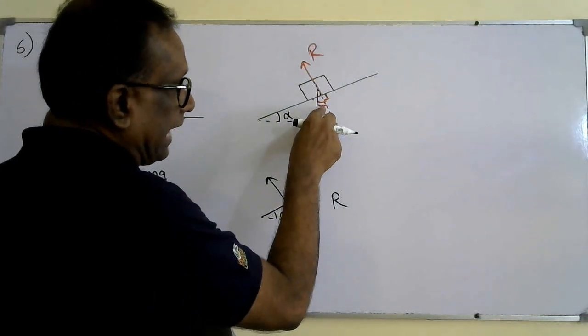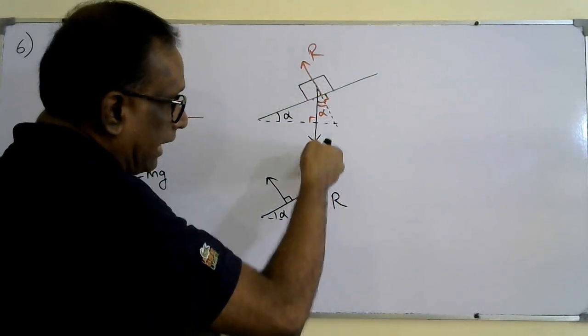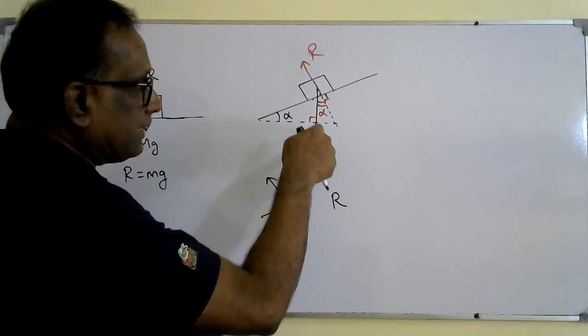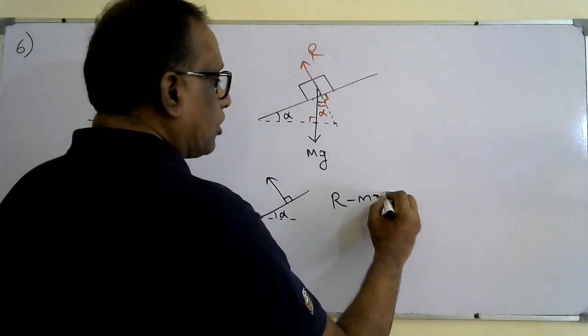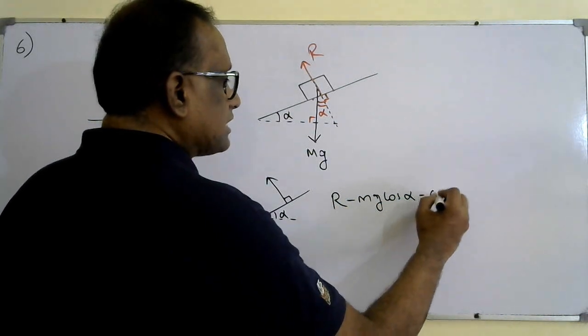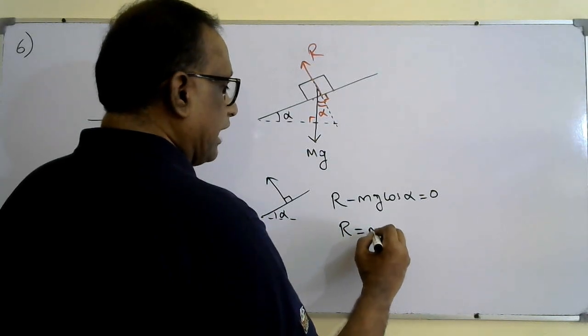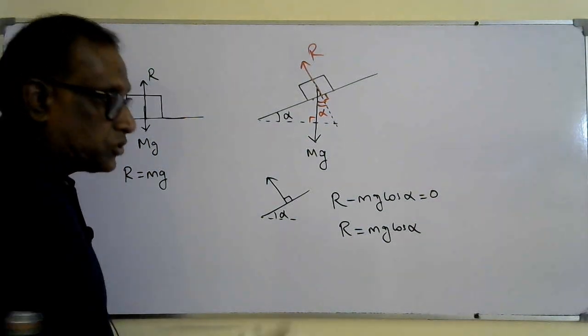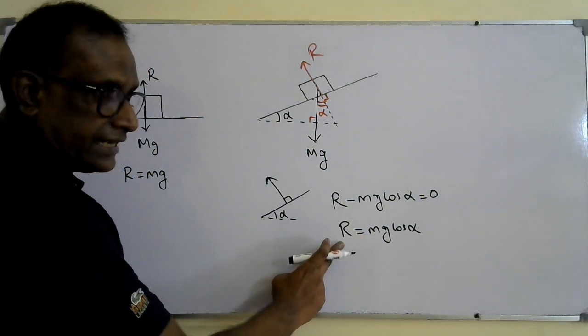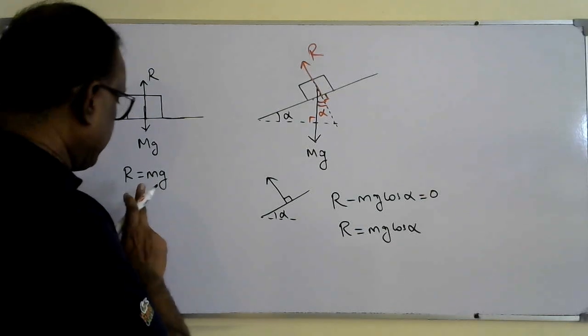I told you this angle with that line, the line of action of the vertical weight, is alpha. So R minus mg cos alpha equals 0. So R equals mg cos alpha. So in this situation, the normal reaction is not equal to mg as here.